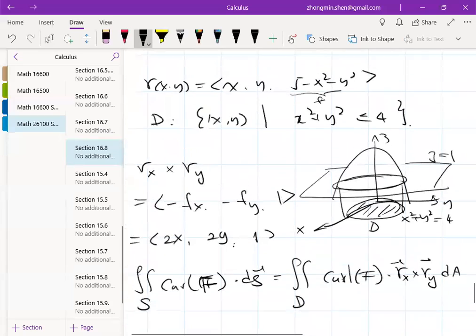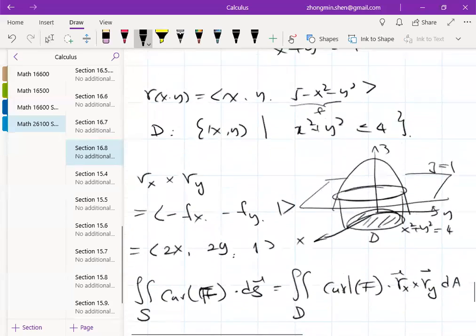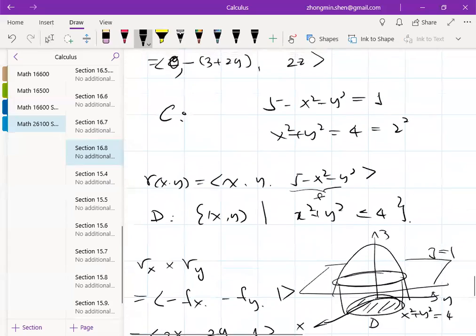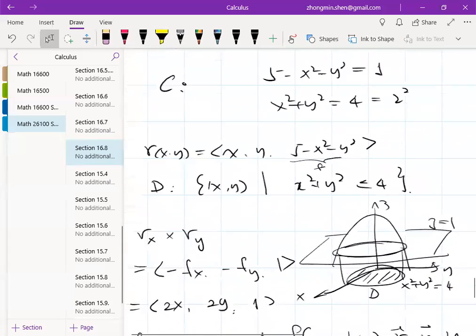Let's look at the dot product. Where's the curl of the vector field? The first component is 0.